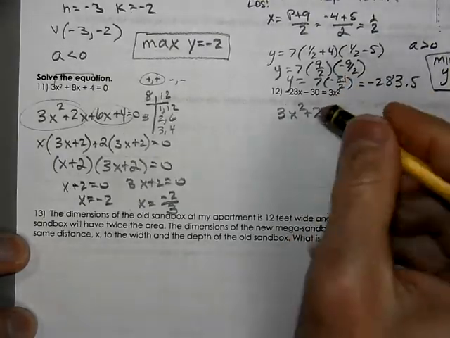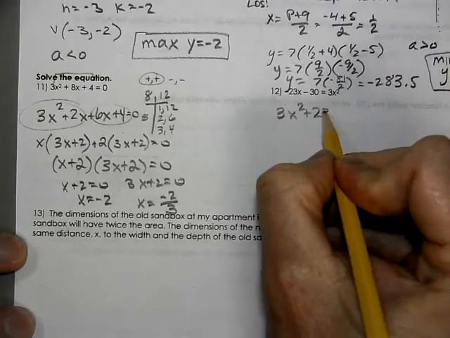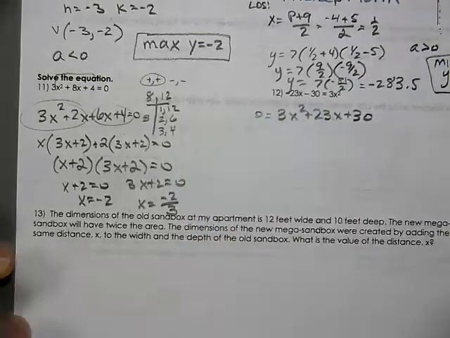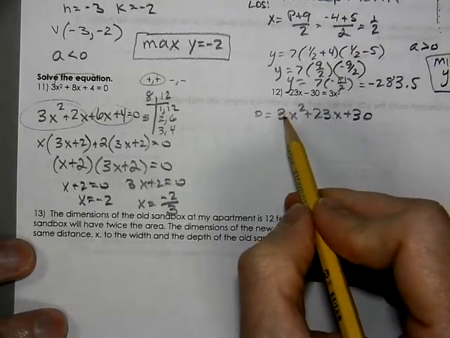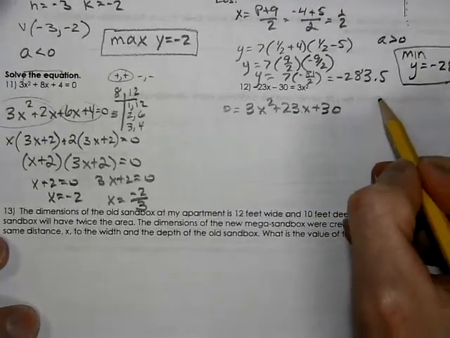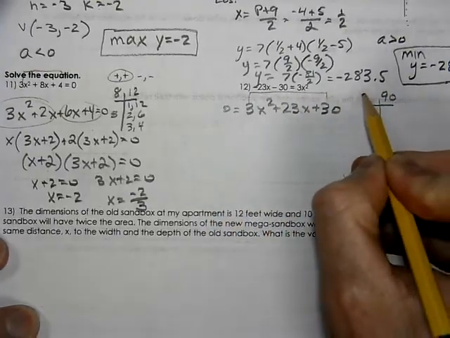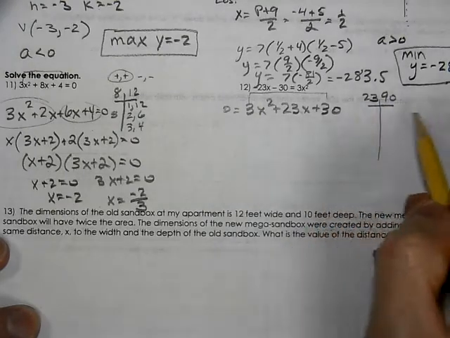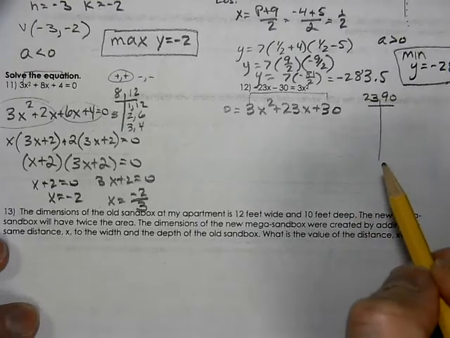Here we're going to bring all the terms to the same side. We notice that you cannot divide the 3 into all 3 terms. So we're going to get 90 by doing our A times the C. We know that both terms have to be positive because it multiplies to be a positive and adds to be a positive.